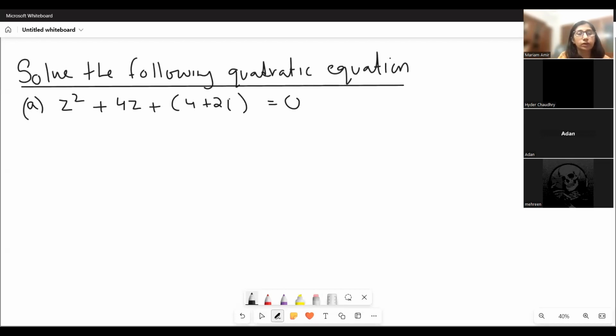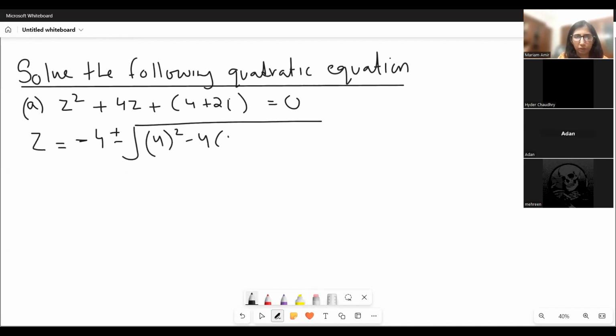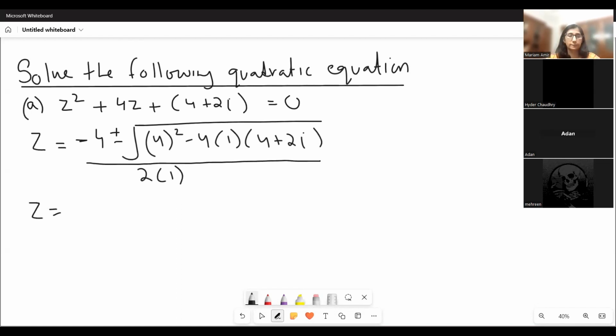So let's solve the quadratic equation. It's going to be z equals minus b plus minus square root of b square minus 4ac, divided by 2a. So what do we get inside the square root? b square minus 4ac.